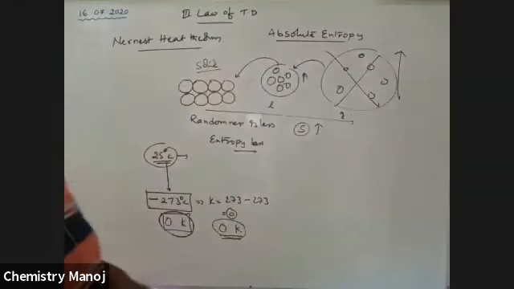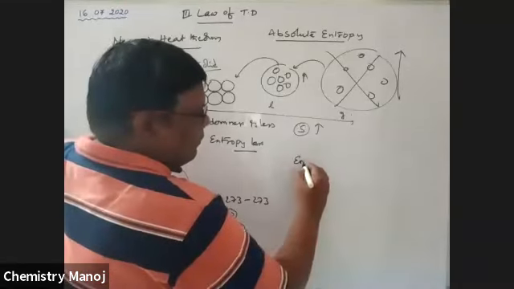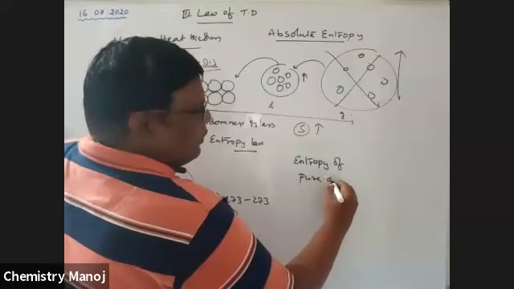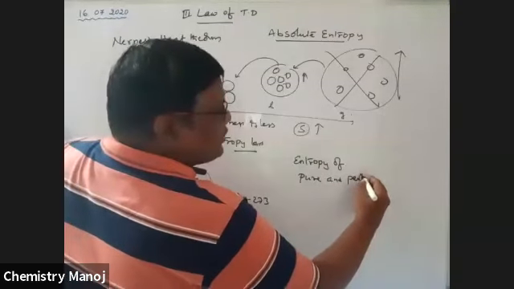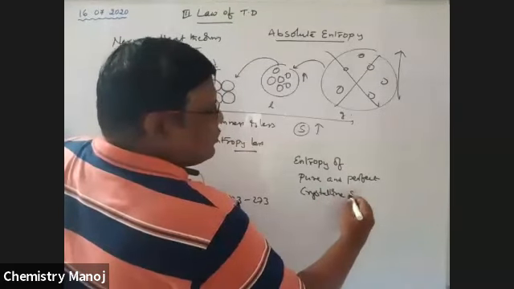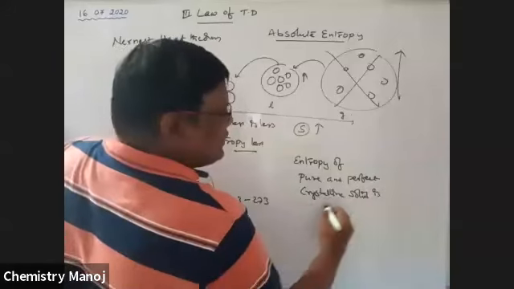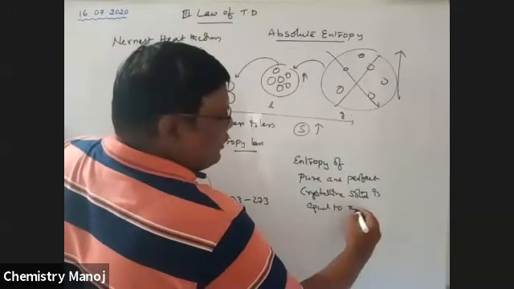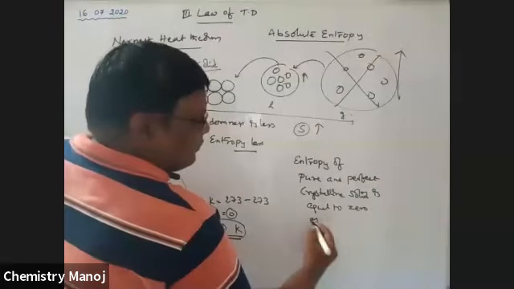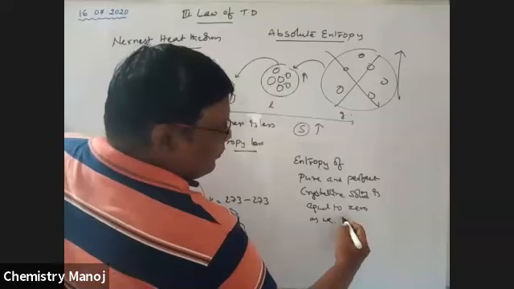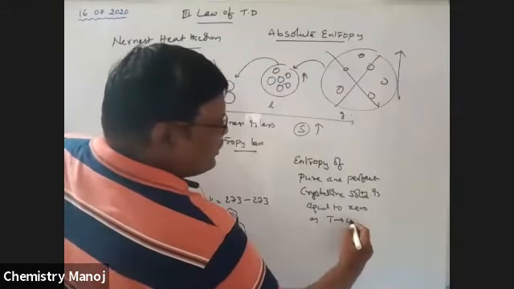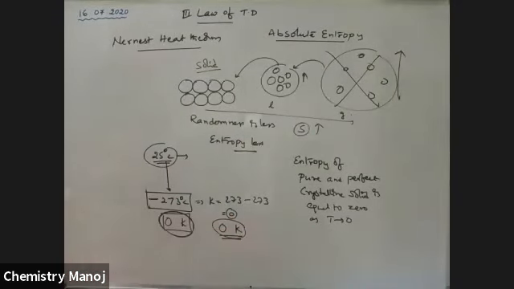So that means entropy of pure and perfect crystalline solids is equal to 0 as the temperature tends to 0.